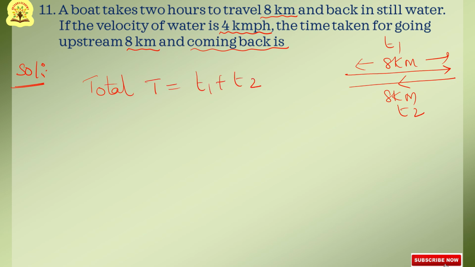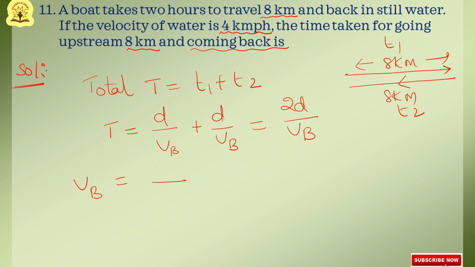So T is equal to, in still water, D by VB plus D by VB, where VB is the velocity of boat. That is D plus D, 2D, 2D by VB. So VB is equal to 2D by T. Now substituting the values, 2 into 8 by 2, the 2s get cancelled, 8 kilometer per hour.